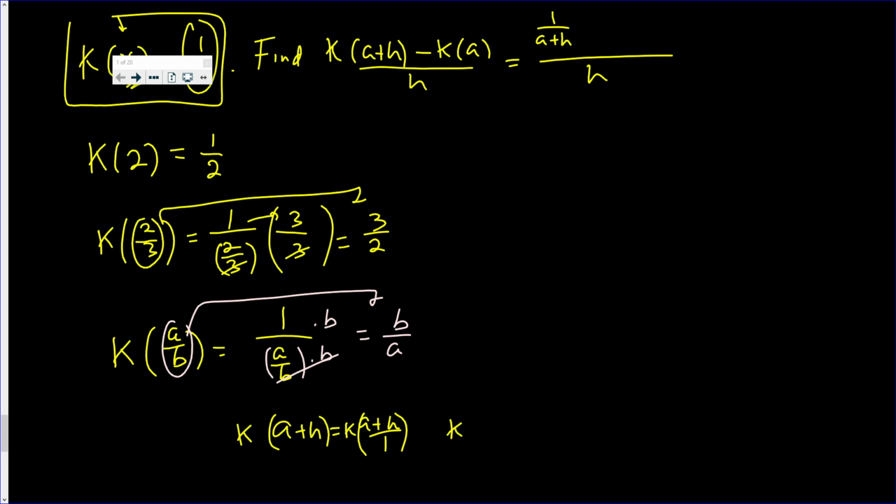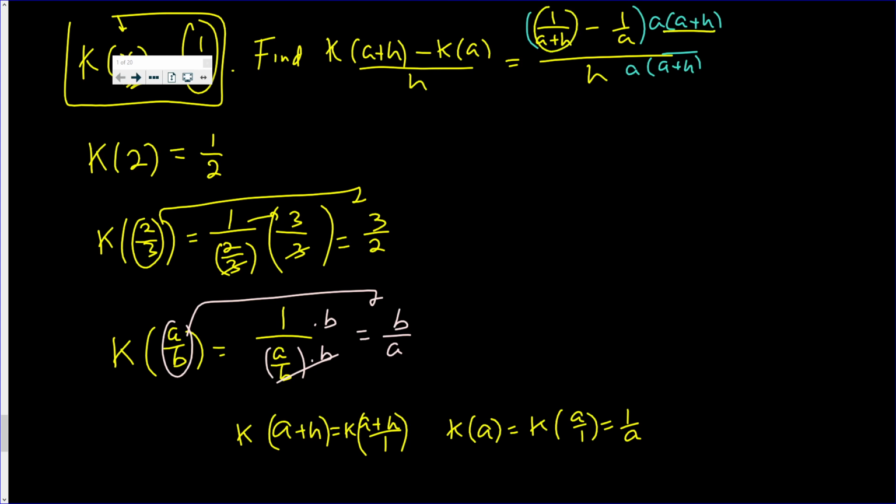And likewise, a is a over 1. So I get the reciprocal, minus 1 over a. What I'm going to do here is multiply by the LCM, so I don't want any denominators in my numerator. So I'm going to multiply by a times a plus h on the top, and the same on the bottom. 1 over a plus h times that is just going to be a.